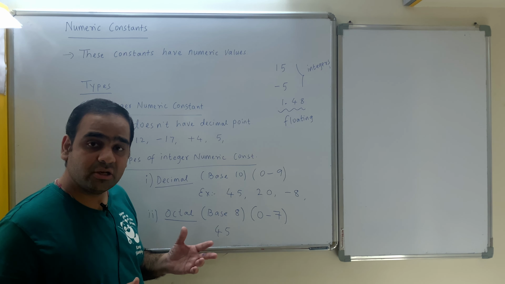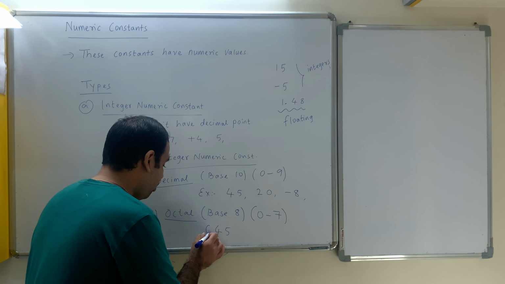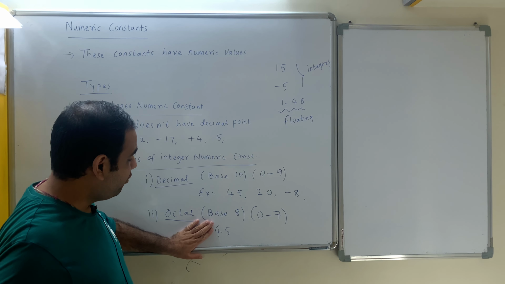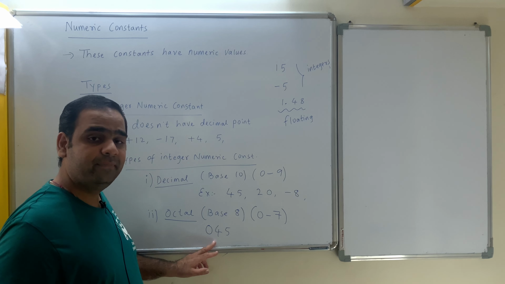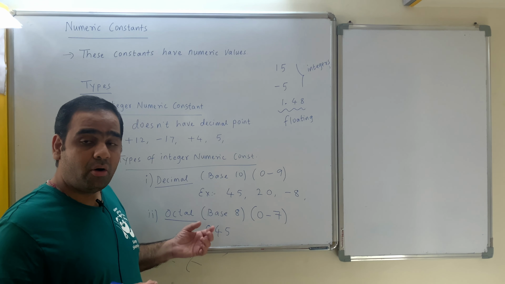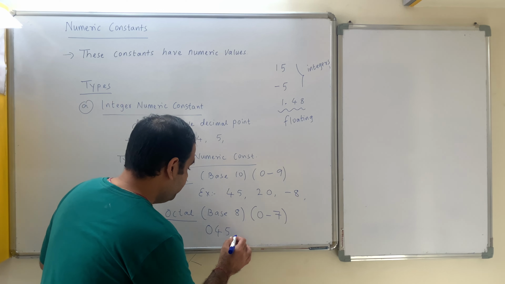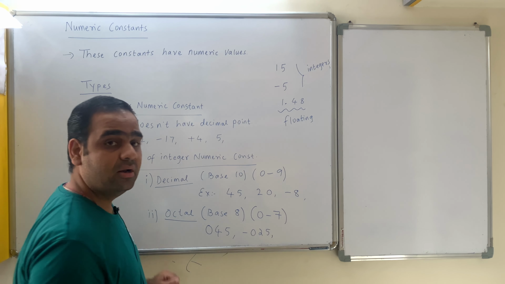It is a confusion. To avoid this, octal numbers always start with 0. If you write only 45, it becomes a decimal. If you write 045, it becomes an octal. Octal numbers are preceded with 0 in C. Similarly, you can write minus 025. It is an octal number.